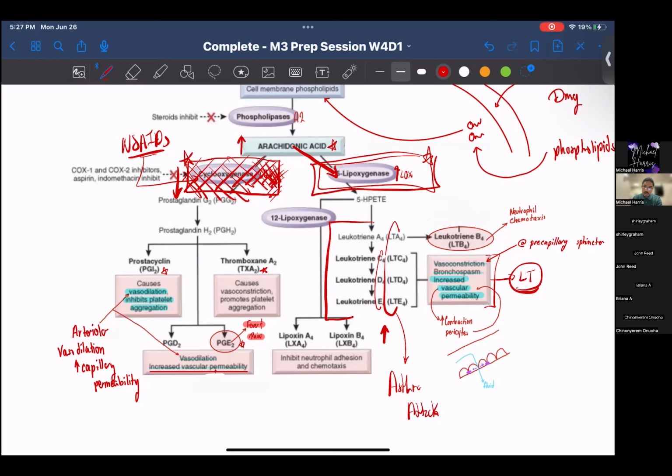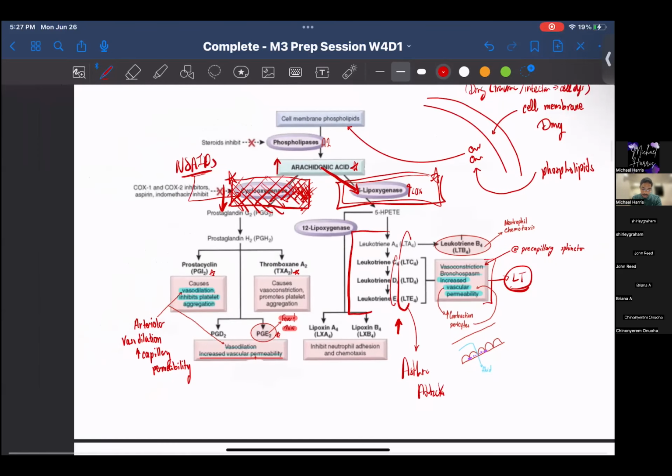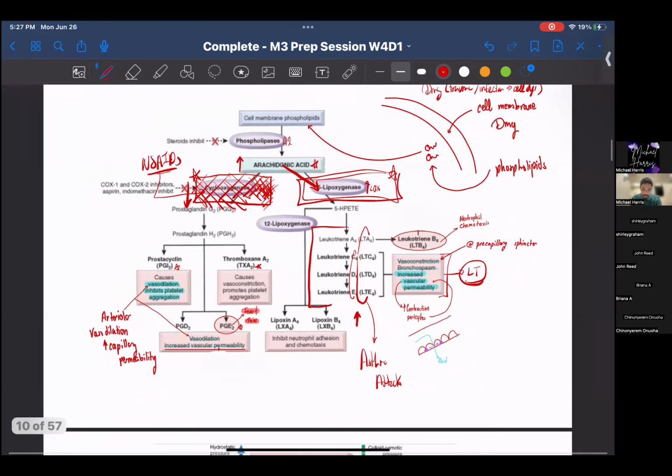So just keep it in mind that if you block one pathway and it's a double pathway, the other pathway increases, to use up all the arachidonic acid. All right, good. Now, let's keep moving on.